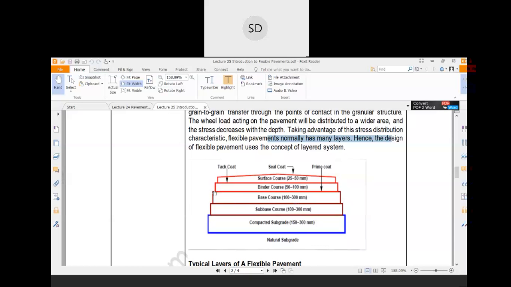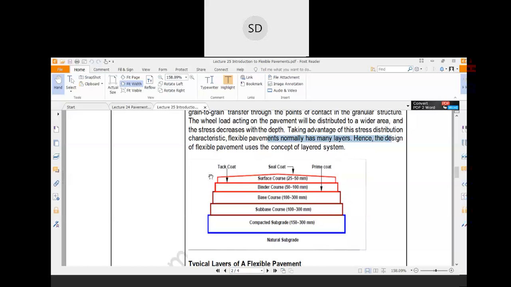Now after the base course, one coating is used, a bituminous coating, and over that coating, another layer is used, that is called binder course. So in the binder course, generally bitumen is mixed with small portions of the aggregate. Okay, the size of the aggregate would be lower, so that is basically a binder course.